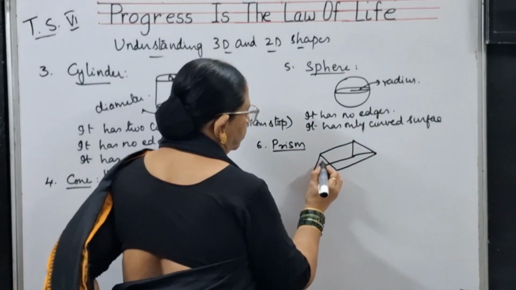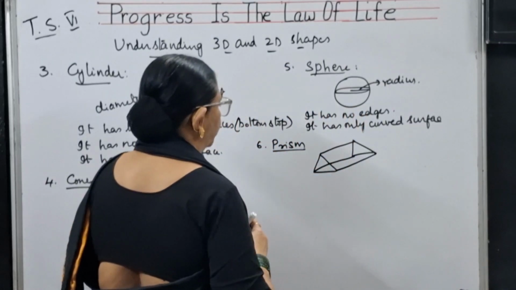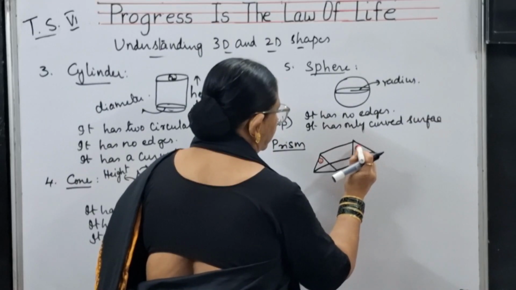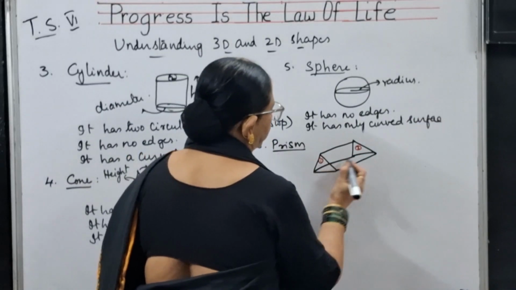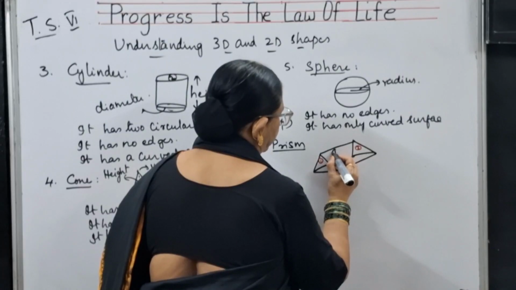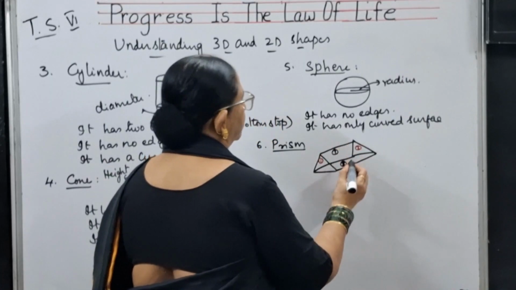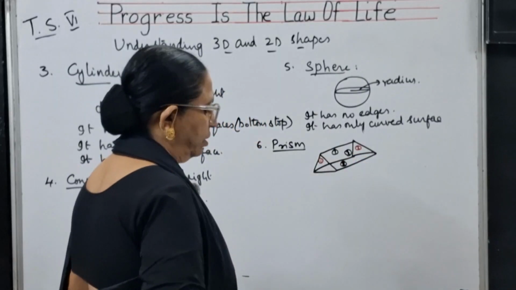So it has two triangular bases. This is one triangle and this is the second triangle, and the parallelogram shaped sides. This is one, this is two, and the third one is on the other side. I cannot show it, so I'll write that the third one is also here.